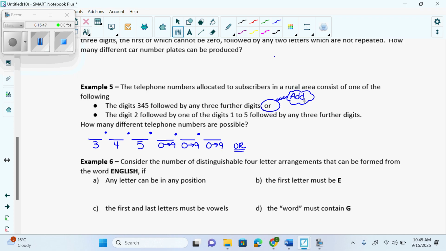It's in your notes somewhere, well, it might not be if you didn't write it down when I told you. So, or I'm going to add. So between cases, I always add cases. Okay. Then it says, or the digit 2, followed by the digits 1 to 5, followed by any 3 further digits. So what can these ones be? 0 to 9.